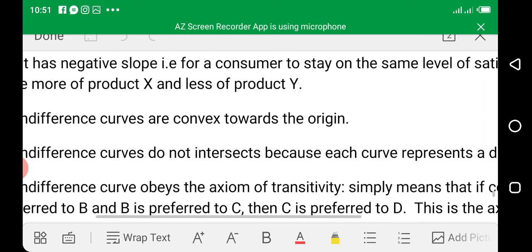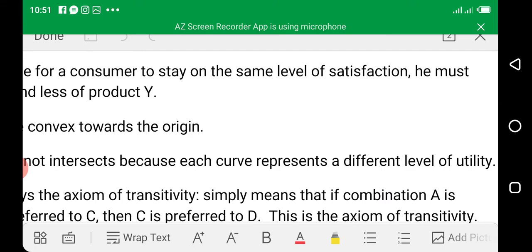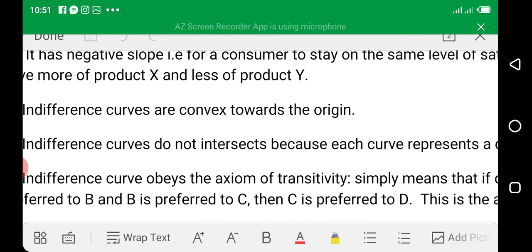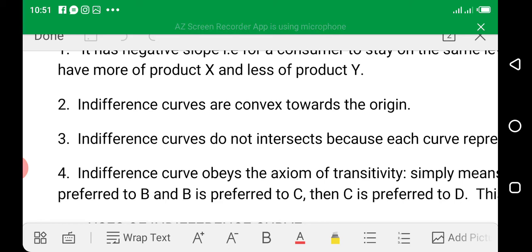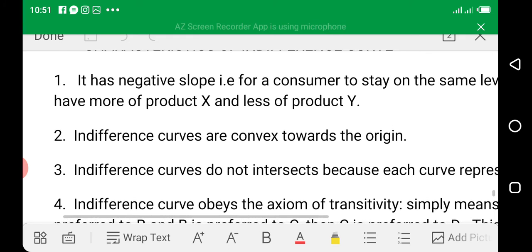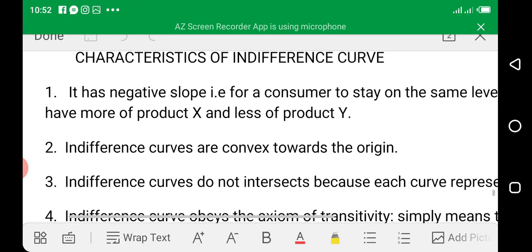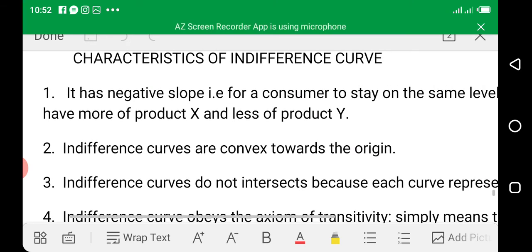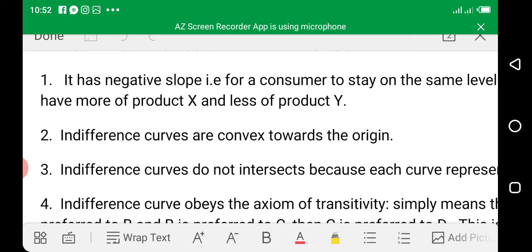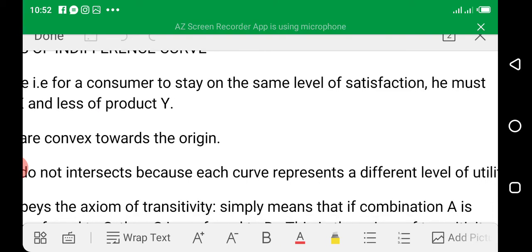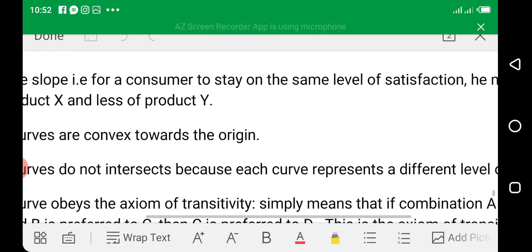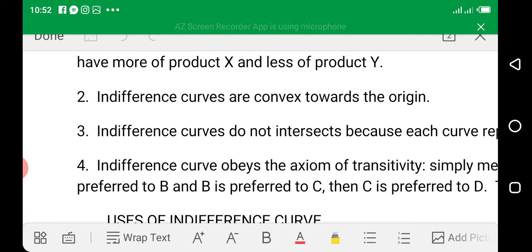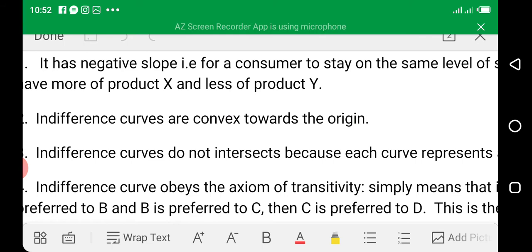That is, for a consumer to stay on the same level of satisfaction, he must have more of product X and less of product Y.